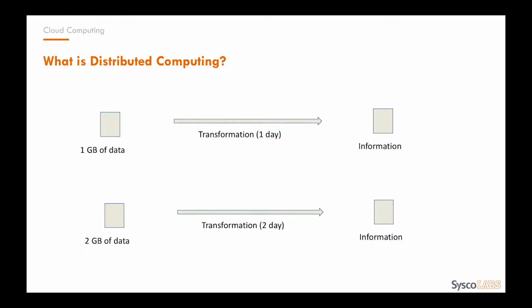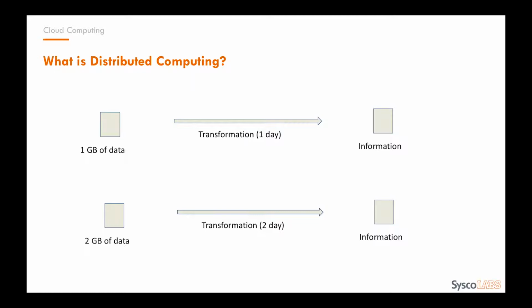So what we can see here is, if we keep the hardware the same, and if the data set is increasing in size, it will take more time to process the information. And there will be a point where it's not possible anymore. So that's where distributed computing comes in.